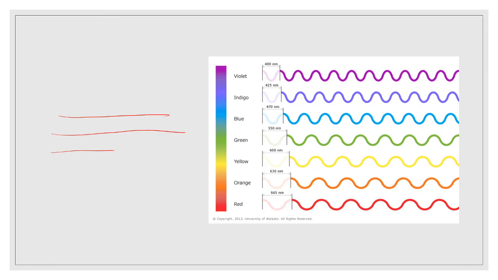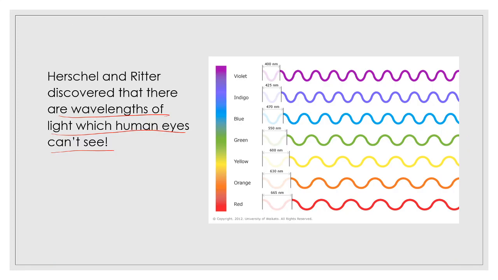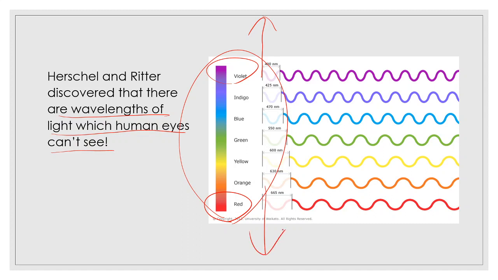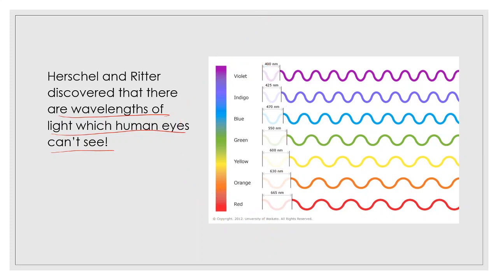There are colors of light that human eyes cannot see. So this whole spectrum right here, it doesn't end with violet at the top and red at the bottom. In fact, it keeps going, and there are more and more colors that we just can't see that are even more violet than violet and even more red than red. It goes this way too. There's a bunch of light that we can't see because our eyes are only made to detect light of this wavelength in between purple and red.